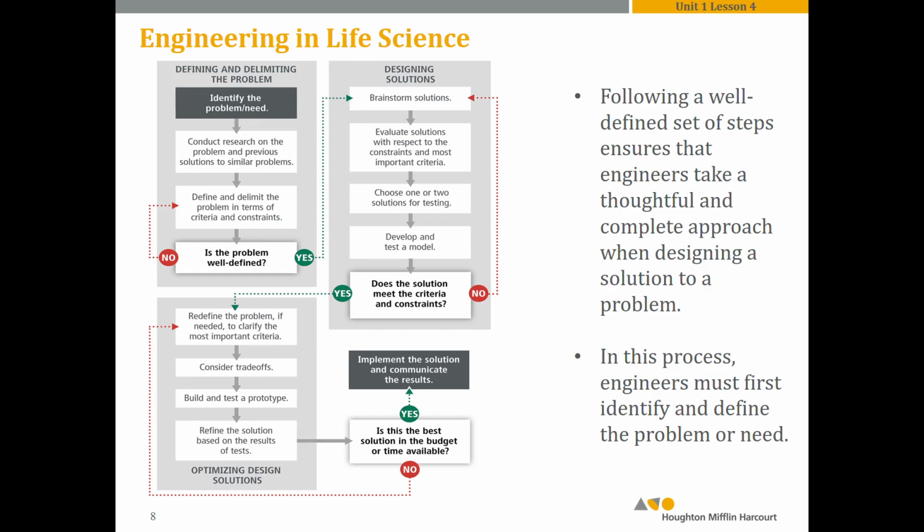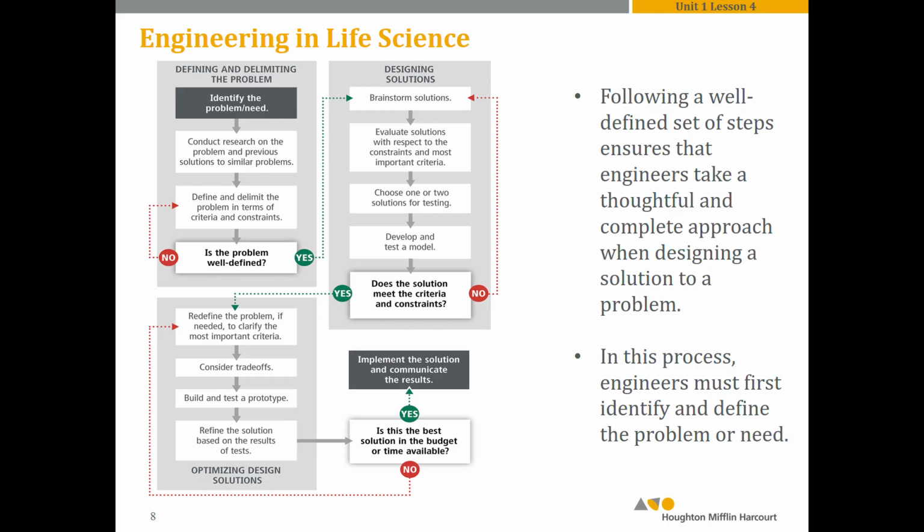If you look at this chart, it shows the different steps of engineering in life science. It always starts with identifying a problem. If they conduct research, they define and delimit the problem. If the problem is well defined, they will move to the next step, which is designing a solution. If it didn't work, they are going to define and delimit the problem again.